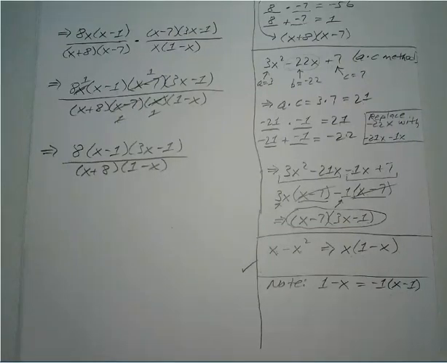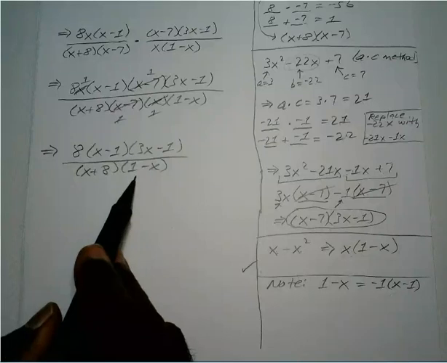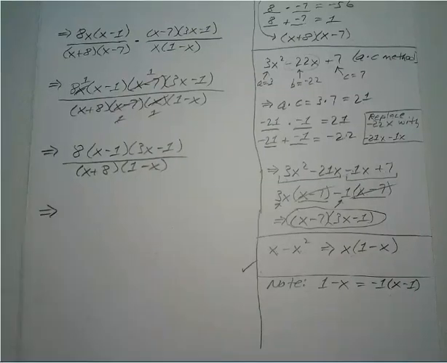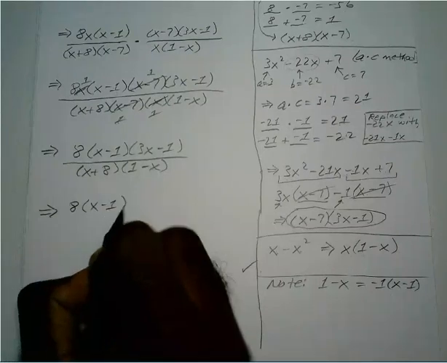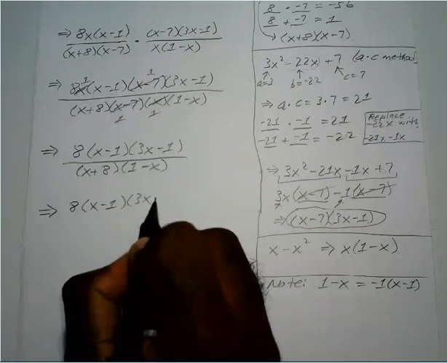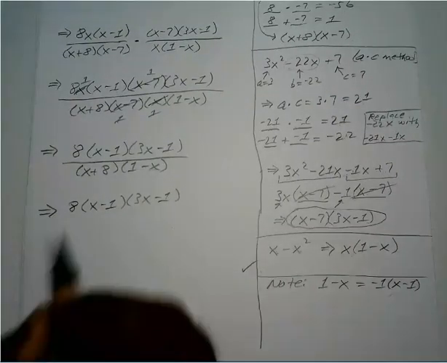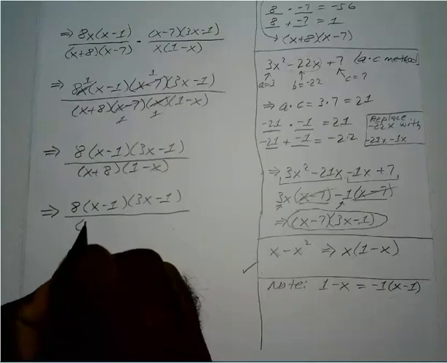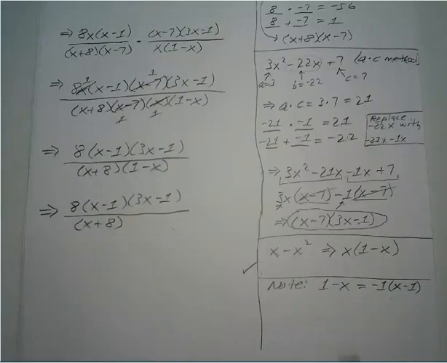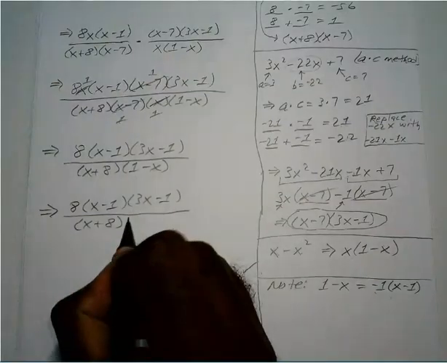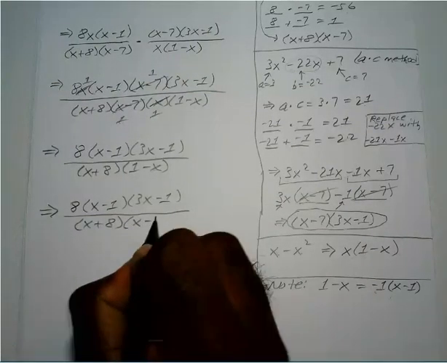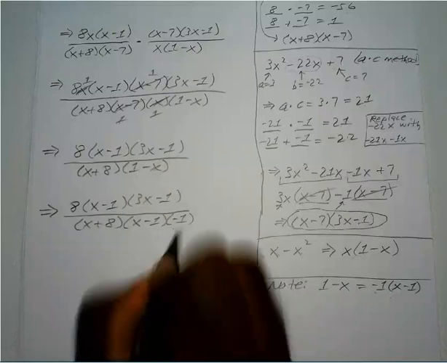So we're going to go ahead and replace that. We have 8 times x minus 1 times 3x minus 1, over x plus 8 times negative 1 times x minus 1. You can put x minus 1 times negative 1 if you want to. The negative 1 can go on either side, it doesn't matter.